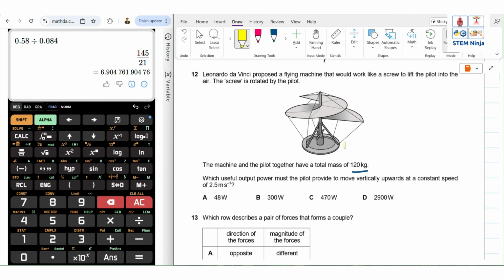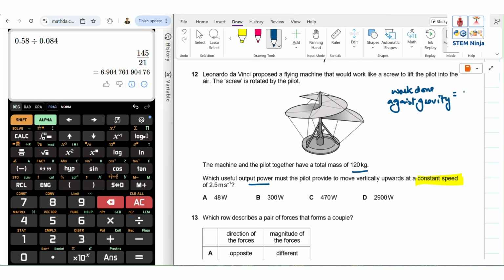The keyword over here is constant speed. So that means the work done against gravity is the minimum thing that we need. This is what we simply need first.